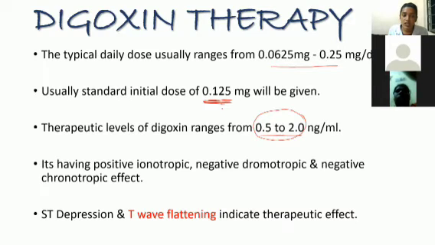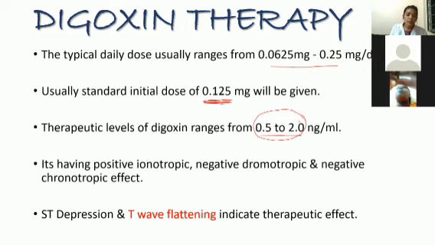If the digoxin levels are reduced in the blood, it will cause exacerbation of the symptoms. If it is increased in the blood, it will cause toxicity. So the therapeutic level of digoxin is very important.